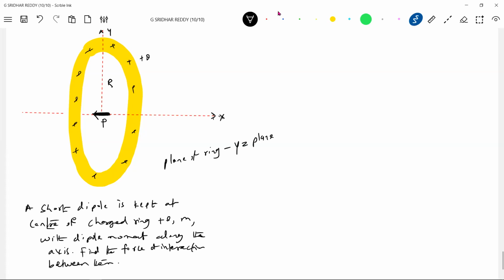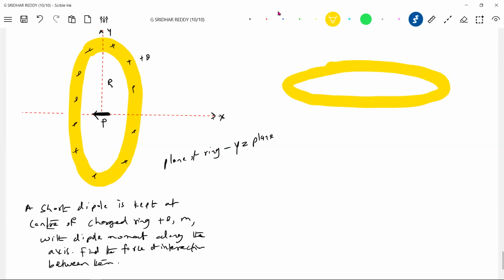Try to assume that one. Try to make an assumption. So I'll do one thing. Let's make the problem like this, and the dipole is present here. And now I think at least you can imagine.